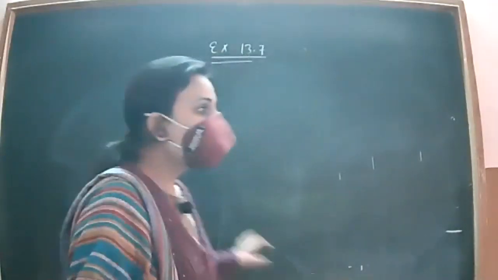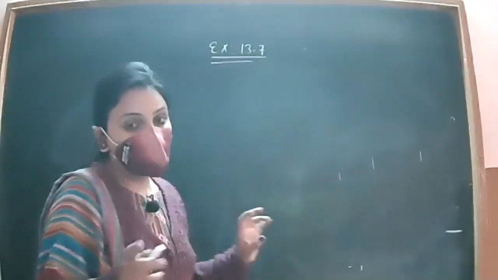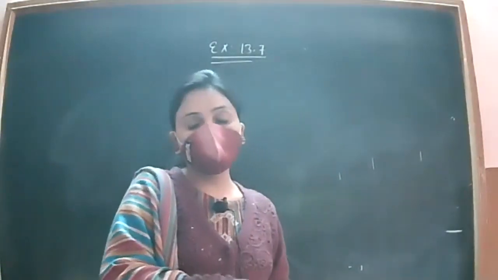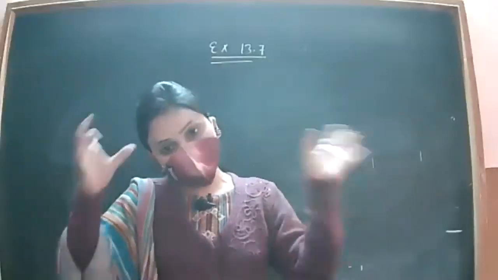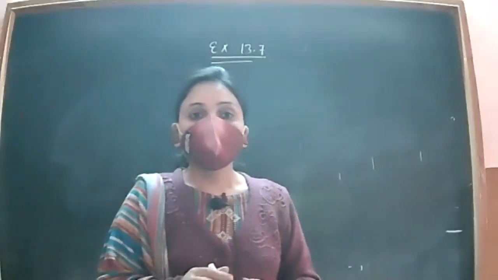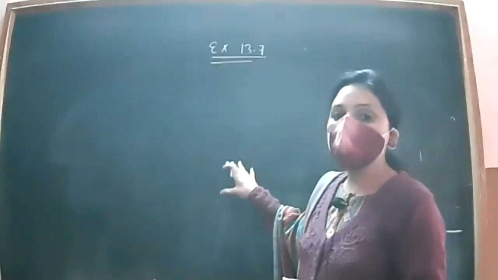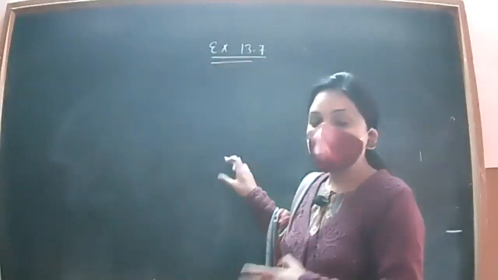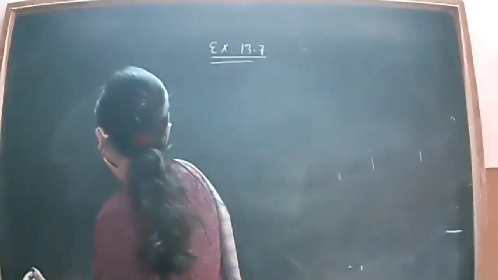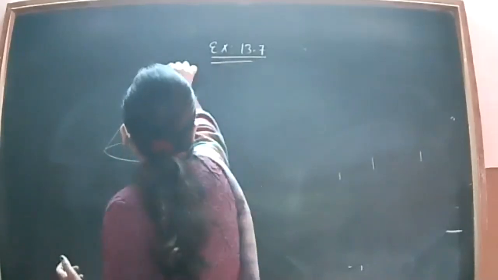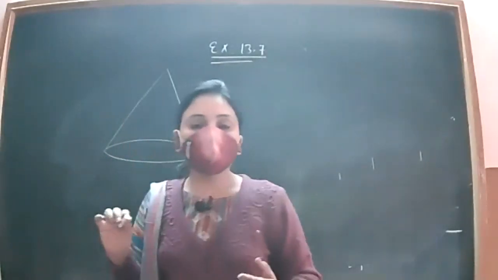You can see the same with sand also. When sand is put on the ground, it always takes the conical shape. The heap will take the shape of the cone.